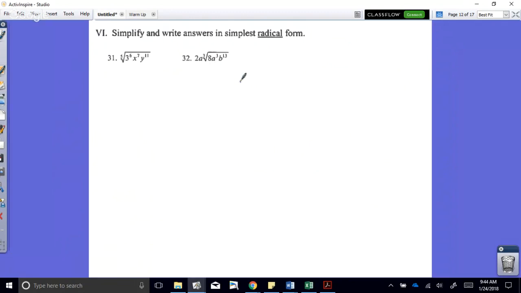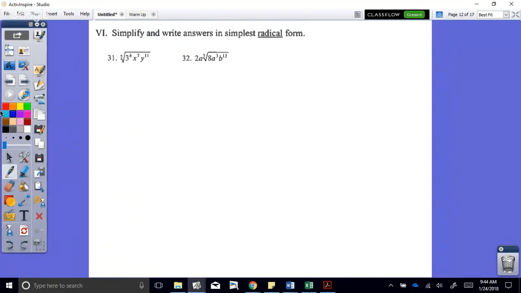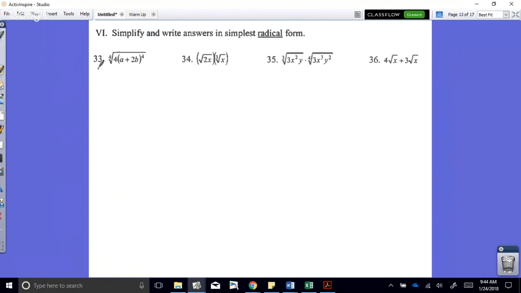Okay, this is the same process, so again, I'll give you a chance to try it. The answers will be posted on Edmodo if you're having a hard time. Okay, this one, 33, it's kind of tricky, but it's not big. We're looking for groups of 4, so I take the number 4.